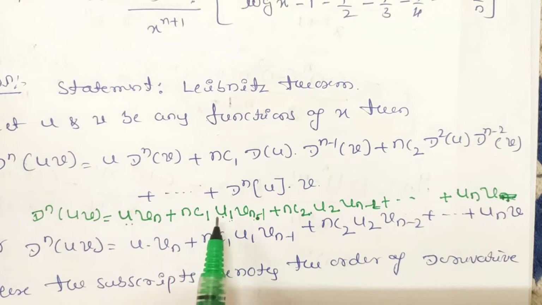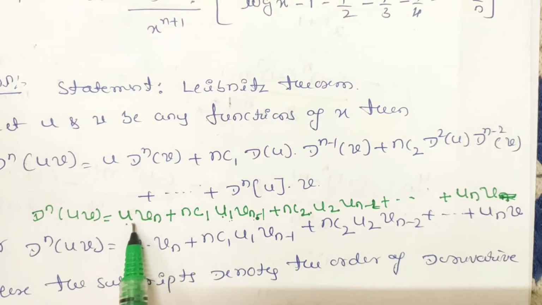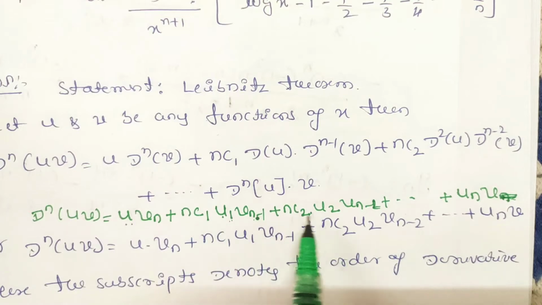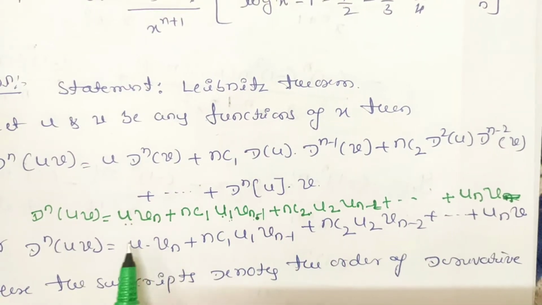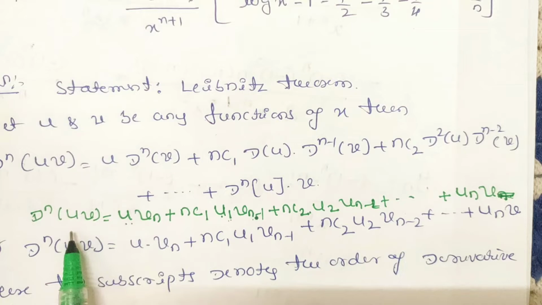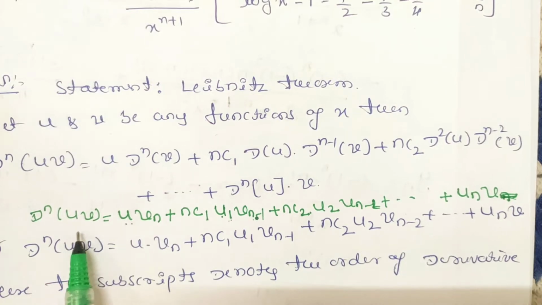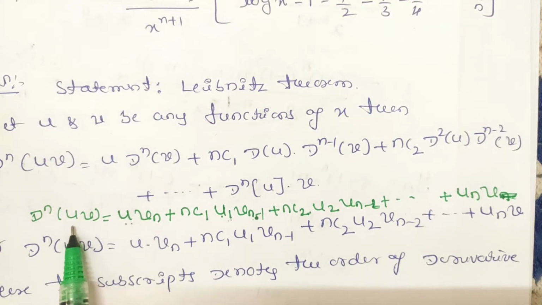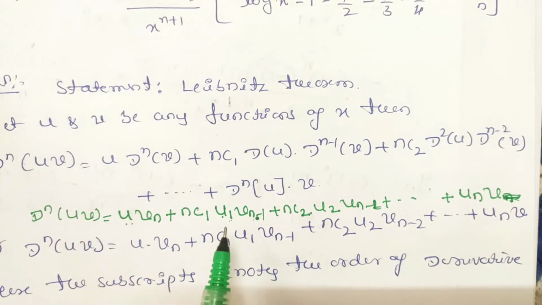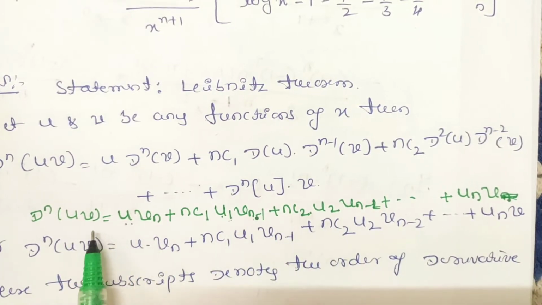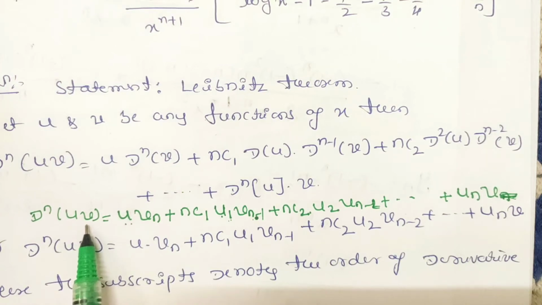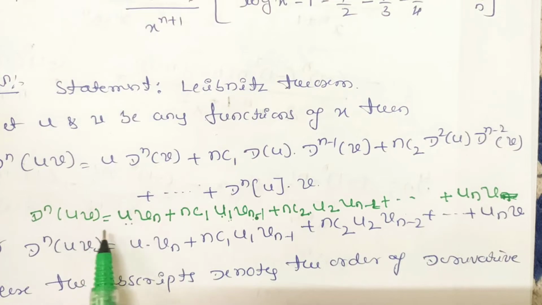Just one term, then increase the degree of u by 1 and reduce the degree of vn by 1 in successive terms. While selecting u and v, you should be very careful. You have to select the term u such that its derivative reduces after some differentiations, and you take v as the term whose nth derivative is known.